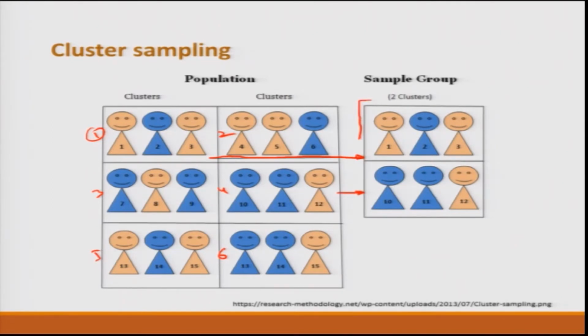So, this is my sample. There are a total of 6 elements in the sample, and 2 clusters are here.